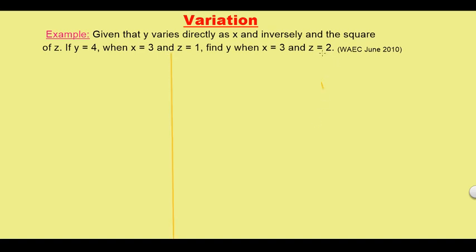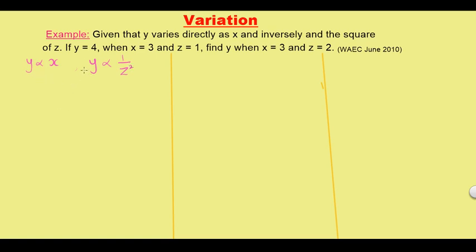In this situation, given that y varies, we have to first interpret this. Given that y varies directly as x, you recall that varies directly means y varies directly as x. This same y also varies inversely as the square of z.